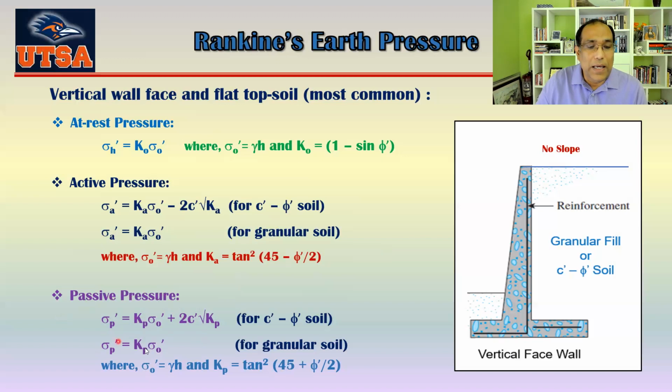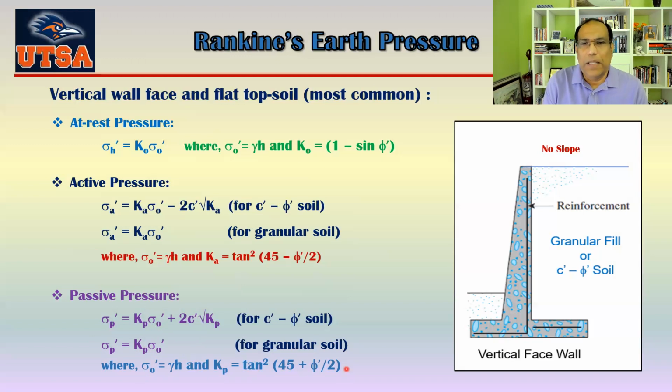So your passive pressure would be Kp multiplied by the effective overburden pressure, which is equal to gamma H. Again, your Kp is tan squared 45 plus phi by 2. We explained in your lecture notes how you can find Kp and how we got that tan squared 45 plus phi by 2.